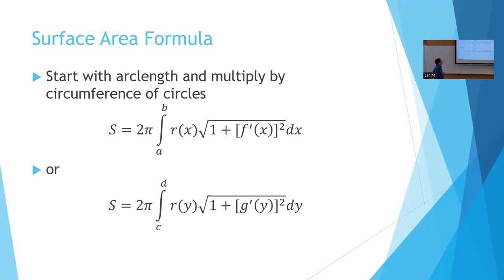So it's basically like an arc length formula where I've multiplied by 2 pi times radius. And since the radius is going to vary depending on where I'm at on the function, my radius is going to be a function of x or a function of y.